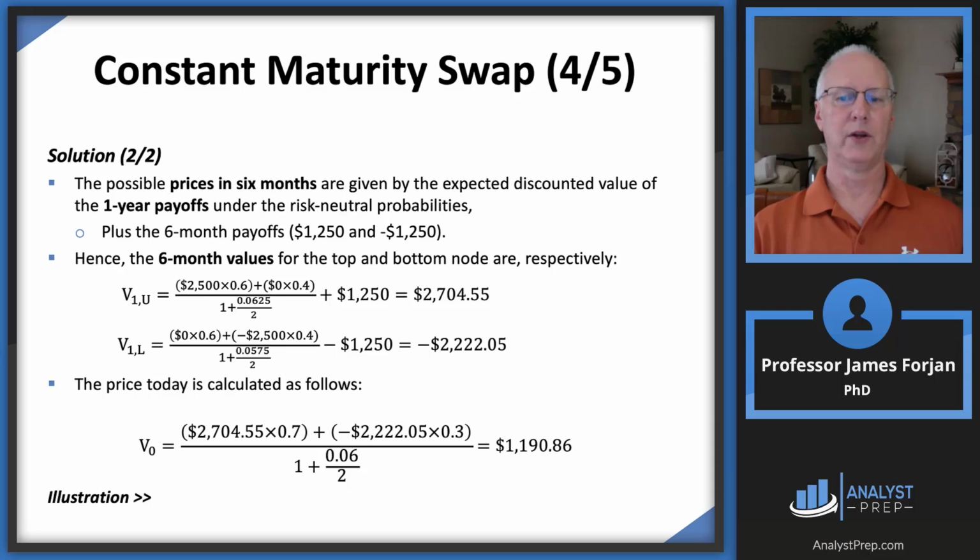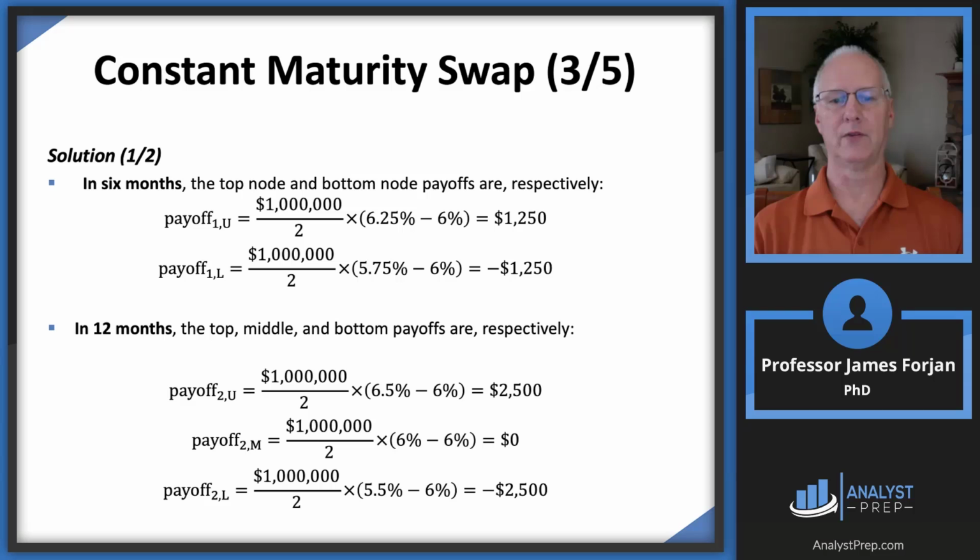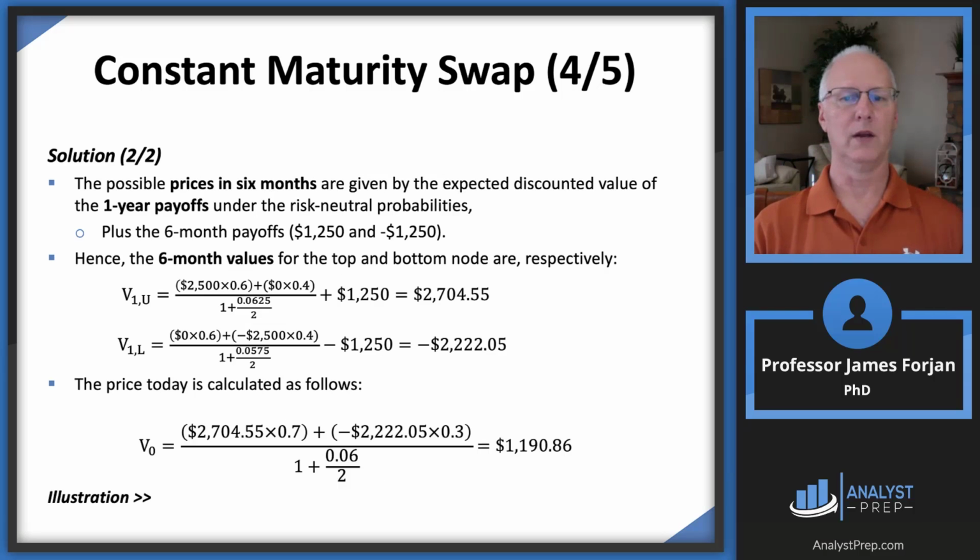All right, so what are we going to do to try to value this thing? All we're going to do is take the present values, right? So we're going to say 2,500 times the 60% plus 0 times the 40%, right? Let me go back here. That's in the 12 months, the 2,500 and the 0, right? So if we do the math, we get the 2704, and if we do the math on the downward, we get the 2222.